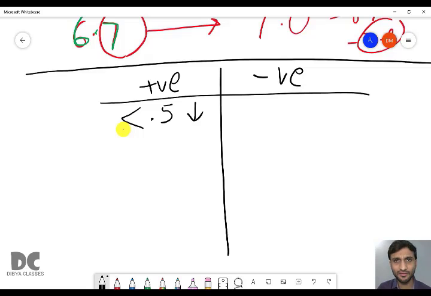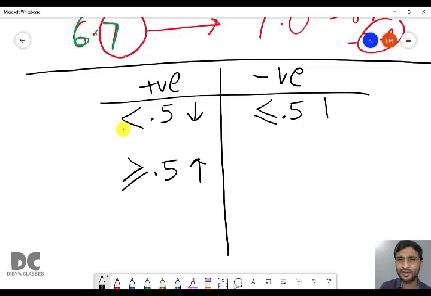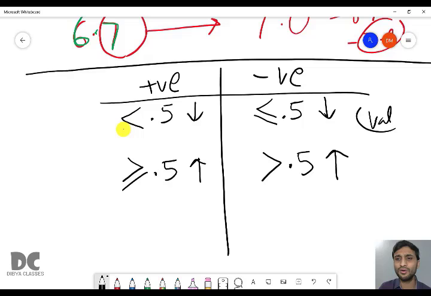Else, greater than or equal to 0.5, you will increase the value. For negative, it is a little bit opposite. If it is less than or equal to 0.5, you will decrease the value. Else, greater than 0.5, you will increase the value. And here value means I am talking about the magnitude.